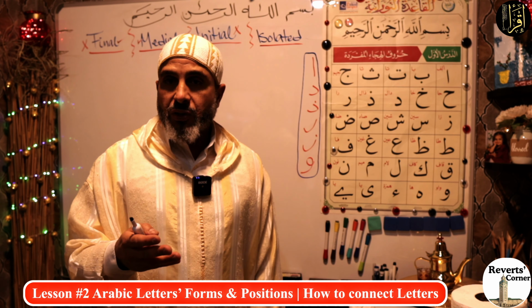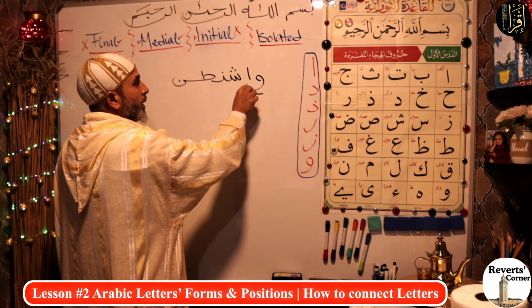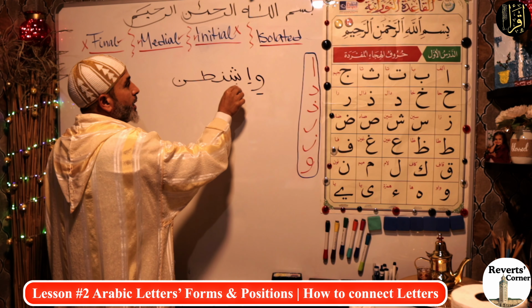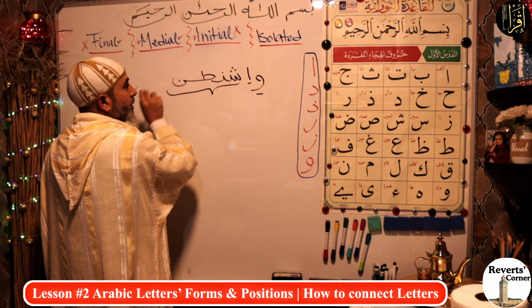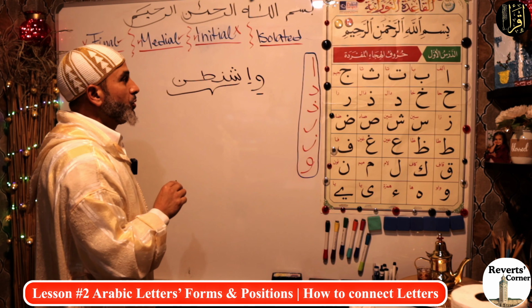Now, the Arabic spelling of the word Washington is Waw, Alif, and Shinton, Washington. However, we see three segments in this word.